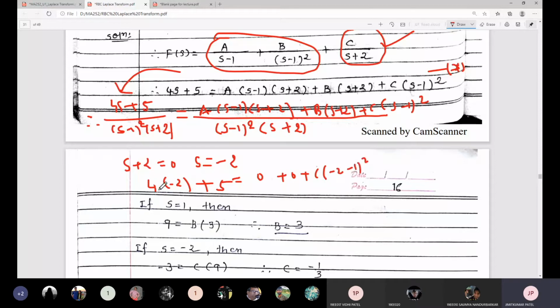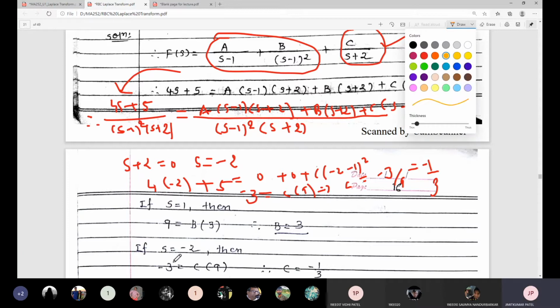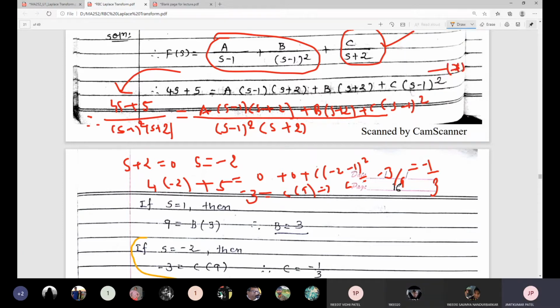So we get 4 into -2 is -8, -8 + 5 is -3, equal to C into (-3) whole square, that means 9. So we get C equal to -3/9, which gives -1/3. Any doubt up to here, students? No, sir. So this is your procedure for s equal to -2.